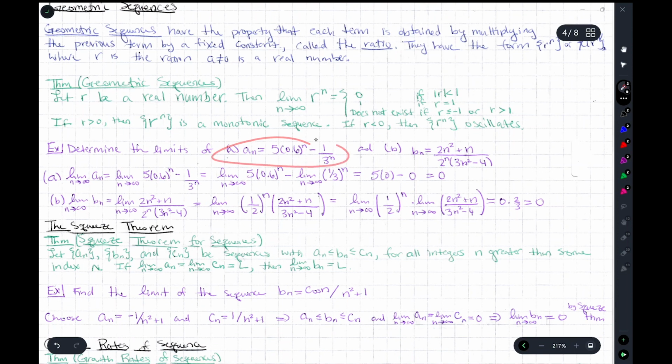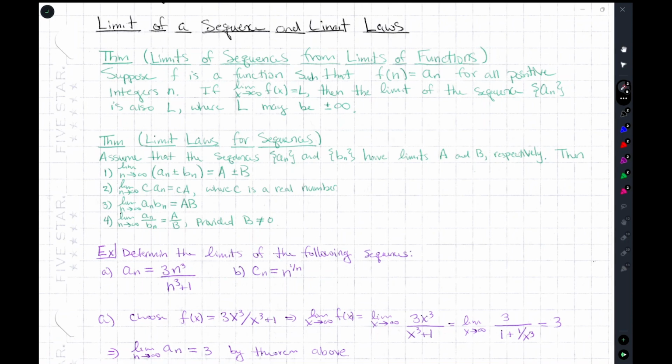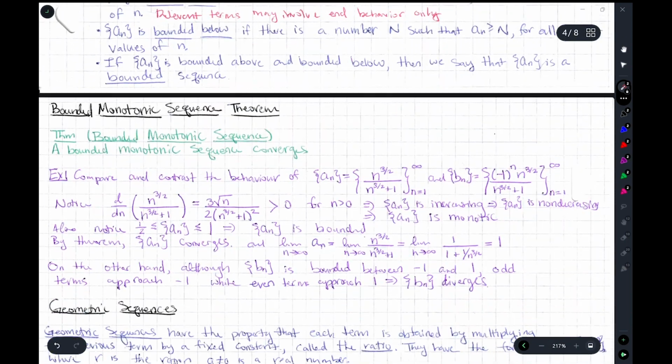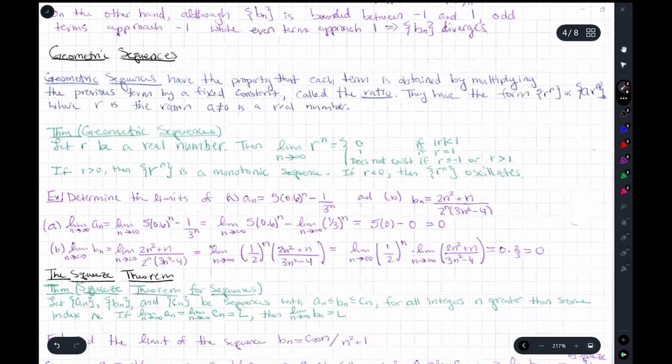Determine the limits of a sub n, which is given with this explicit formula, and b sub n. So for a sub n, notice we're going to take advantage of the theorem that for the sum and difference of sequences you could basically find the limits individually. Okay, so we're going to take advantage of that and distribute the limit, if you want to think about it that way, over these two.